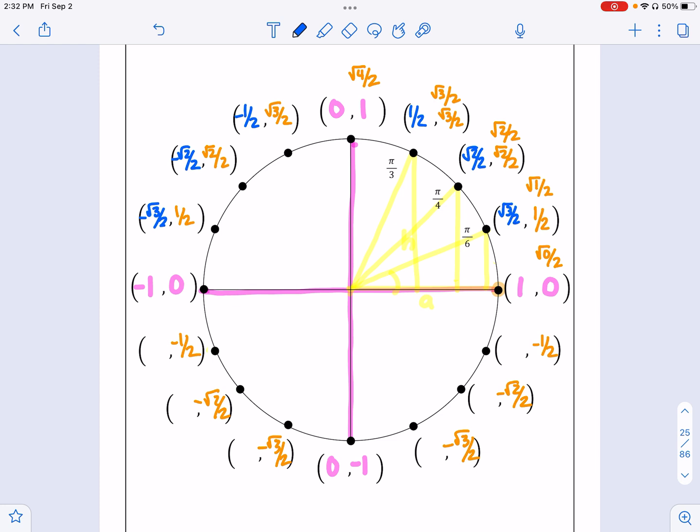And so cosine, the width is large at 0. So it's going from bigger to smaller at pi over 2 and back to even smaller, negatively so, to pi. And then we're talking cosine, so it's negative in this quadrant because it's just like an x value, it's like a width. Negative down here, and then it's positive.